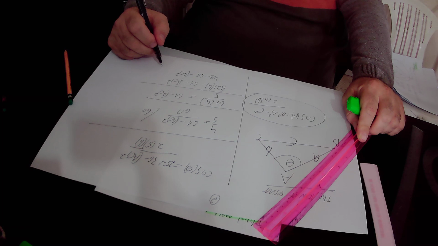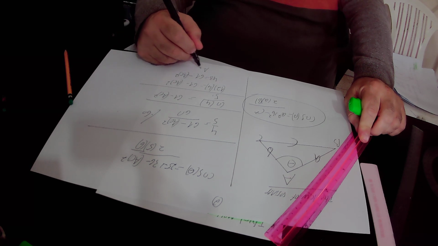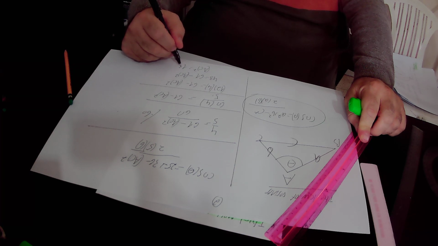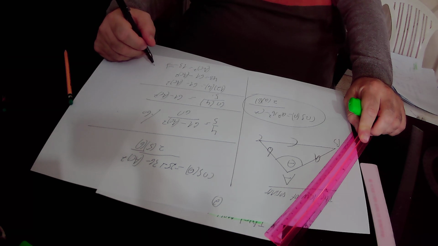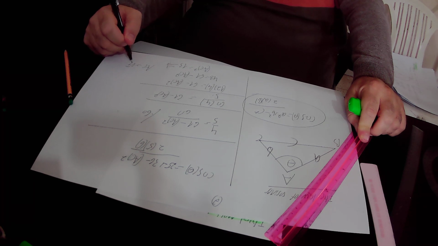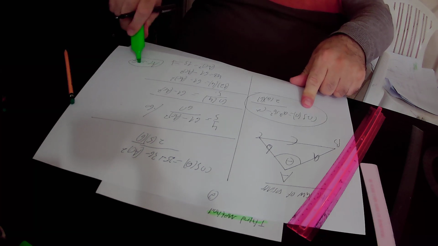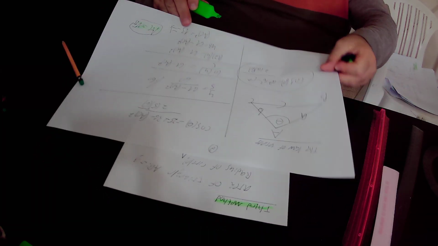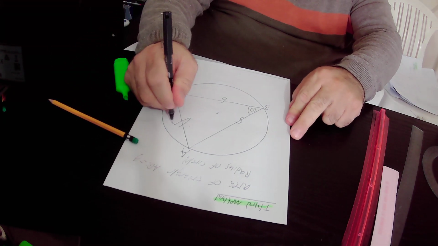Here we'll subtract 48 from this equation and add simultaneously AC squared, and we'll get that AC squared equals 61 minus 48 is 13, so AC squared equals 13. We'll take the square root of this equation and we'll get that AC equals the square root of 13 units. So here you can write down that AC equals the square root of 13 units.